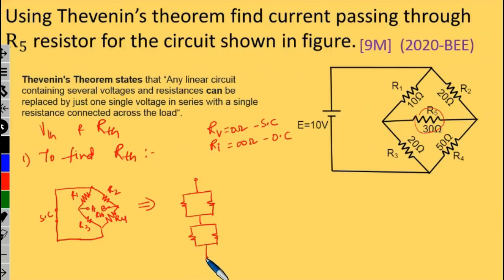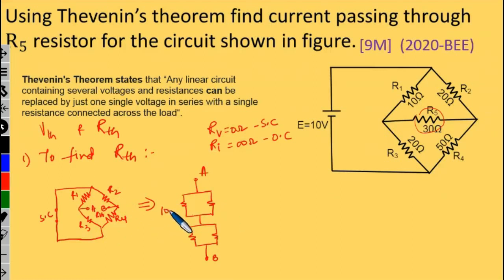So this is your A and this is your B. You need to use your imagination here. If I take this terminal out, you can see that R3 and R1 are in parallel, and there is a short across R1 and R3, and on the other side R2 and R4 are in parallel. So this is how I am going to draw it.